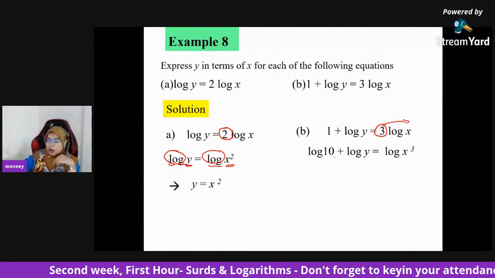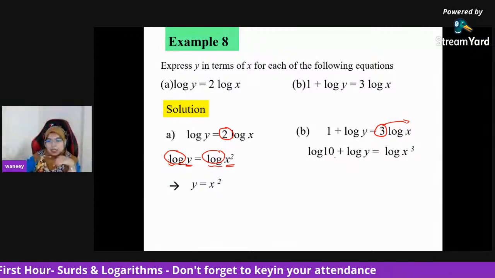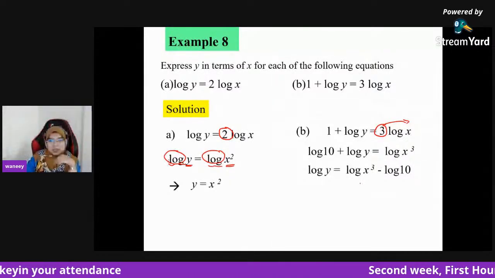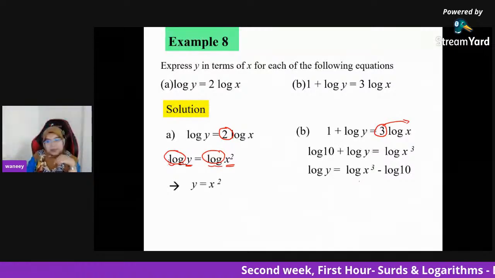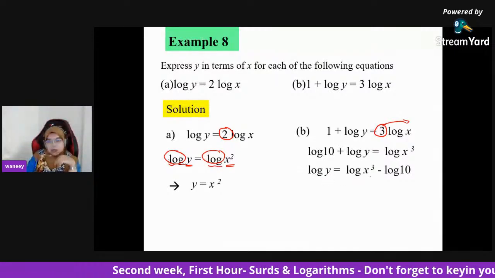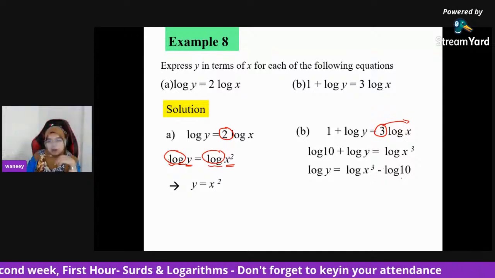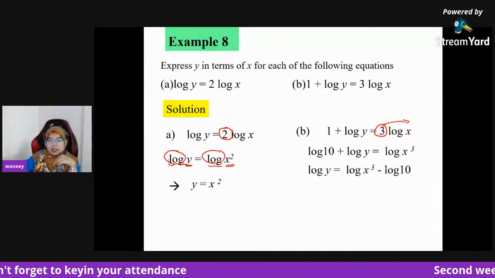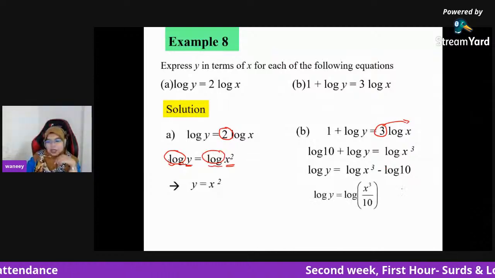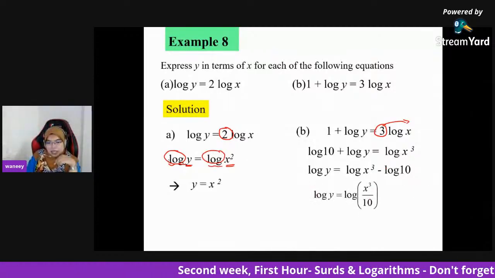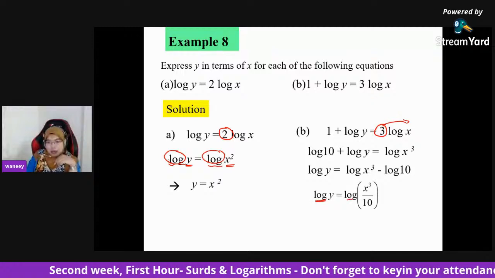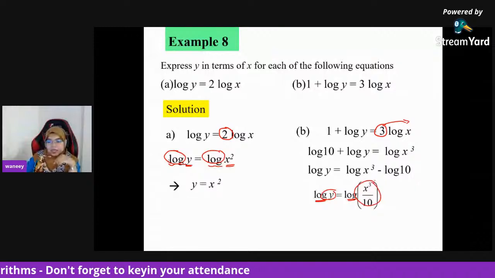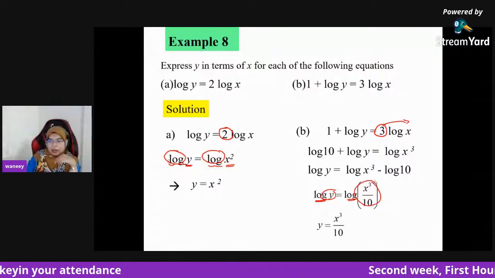So log plus log, that is multiplication. Oh, jadikan y sebagai subjek dulu. Tak apalah, boleh lah. Okay, so log y is equal to log x cubed minus log 10. So now division for this. So it will become log of x cubed over 10. And then since this one is a log, this is also a log. Simply compare the number behind. So you're going to get that y is equal to x cubed over 10.